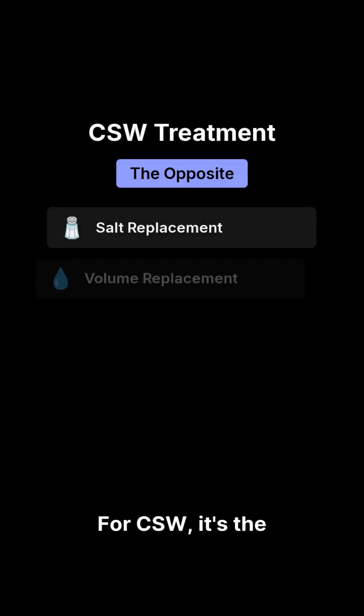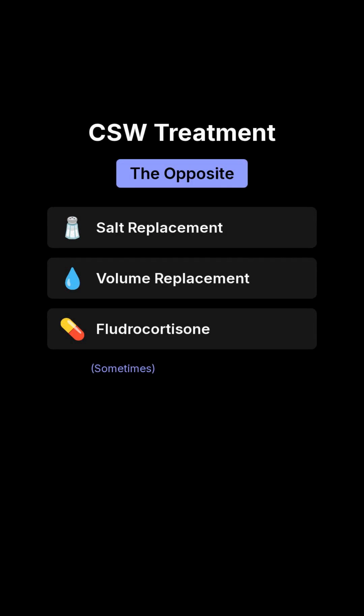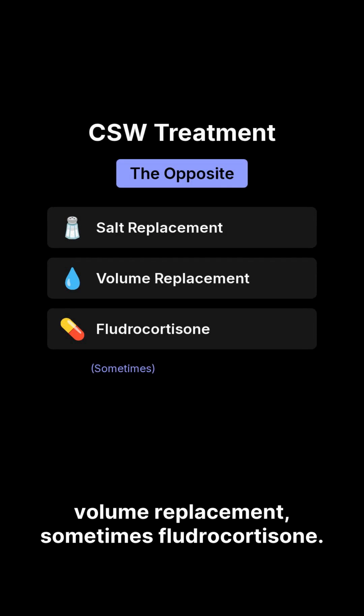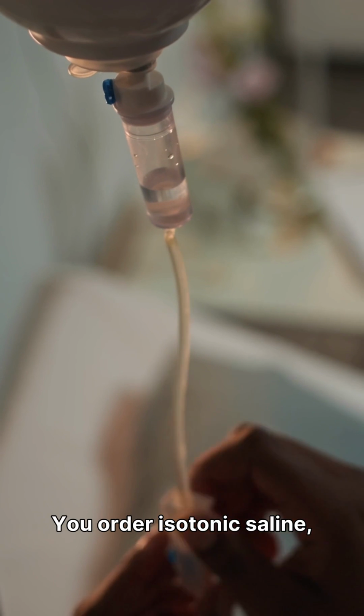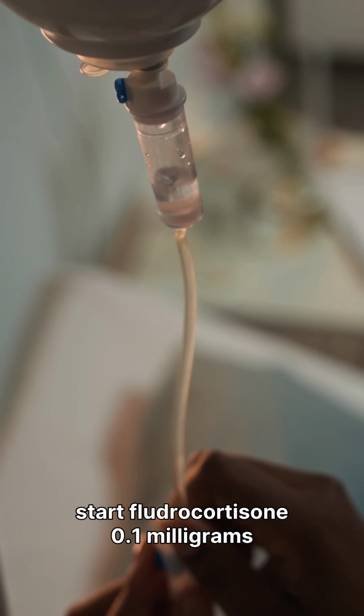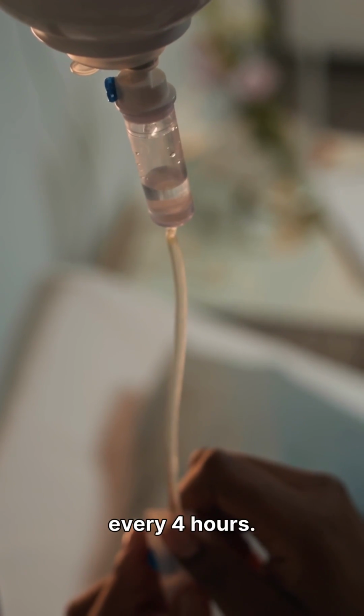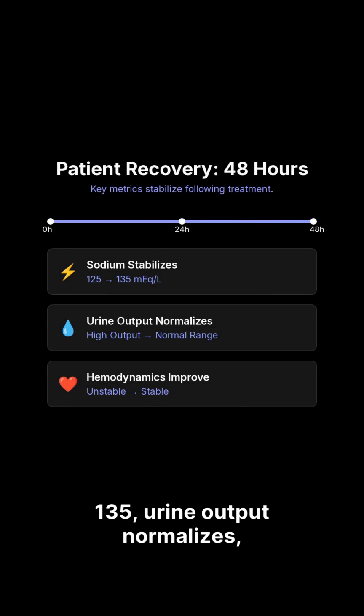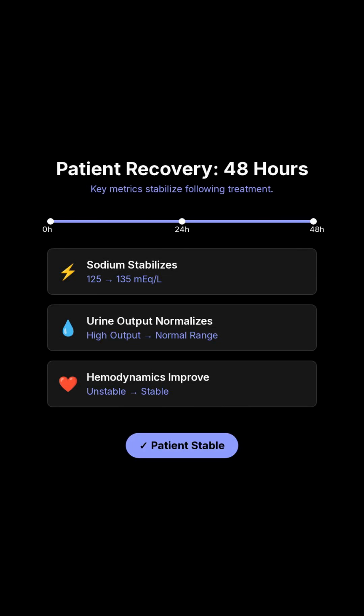For CSW, it's the opposite, salt and volume replacement, sometimes fludrocortisone. You order isotonic saline, start fludrocortisone 0.1 milligrams BID, and monitor sodium every 4 hours. Over the next 48 hours, sodium stabilizes at 135, urine output normalizes, and the patient's hemodynamics improve.